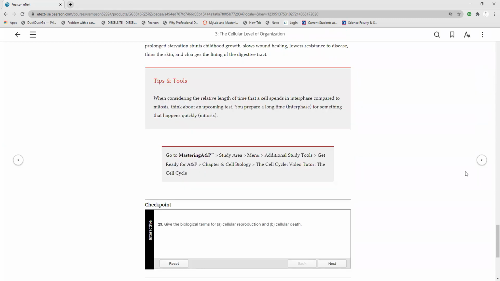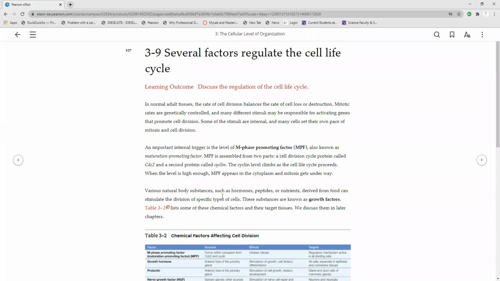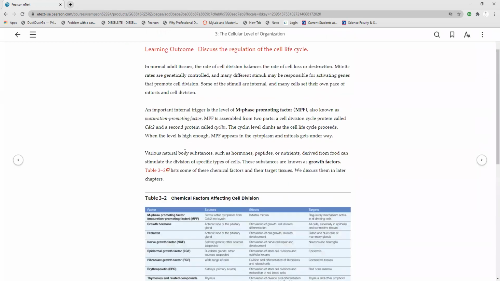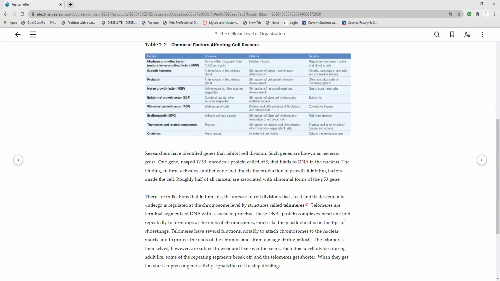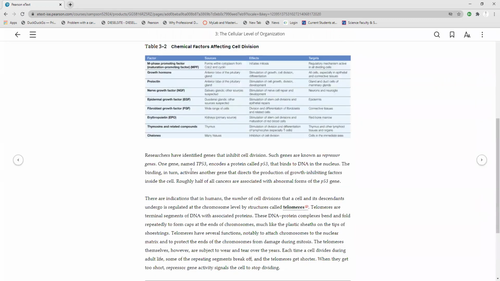Okay, so let's go ahead and move on. Okay, cells. We're not going to get into what causes cells to go through the change or the mitosis. But if you come down here, there is something here, telomeres.